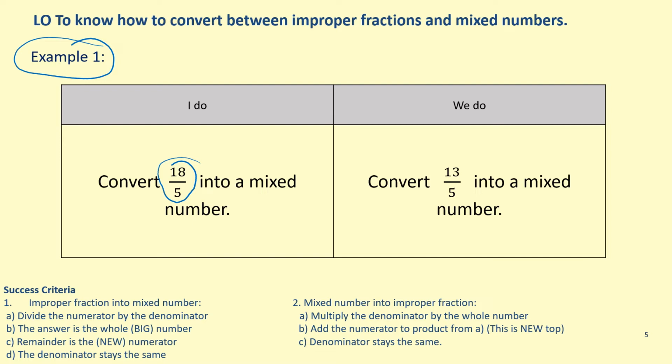Okay, let's have a look at the success criteria. We are converting an improper fraction into a mixed number, so we don't need to be concerned with the second part of the success criteria. Let's have a look at the first one. Divide the numerator by the denominator. Now in here, we are doing it the old-fashioned way, where we have a remainder.